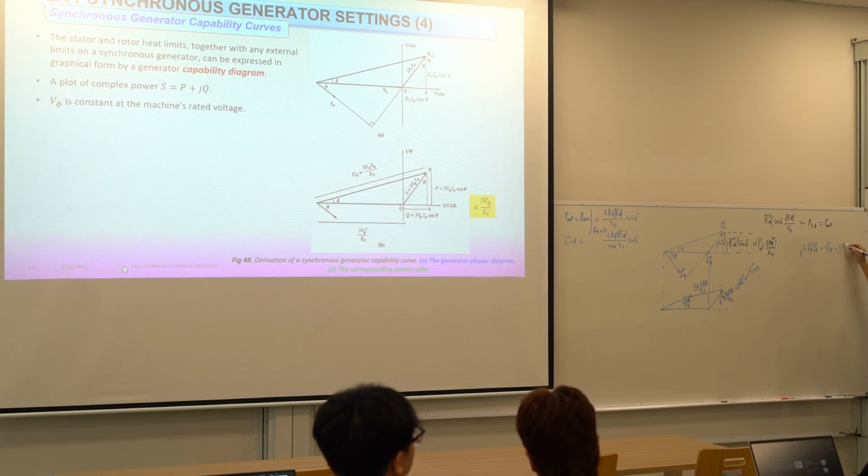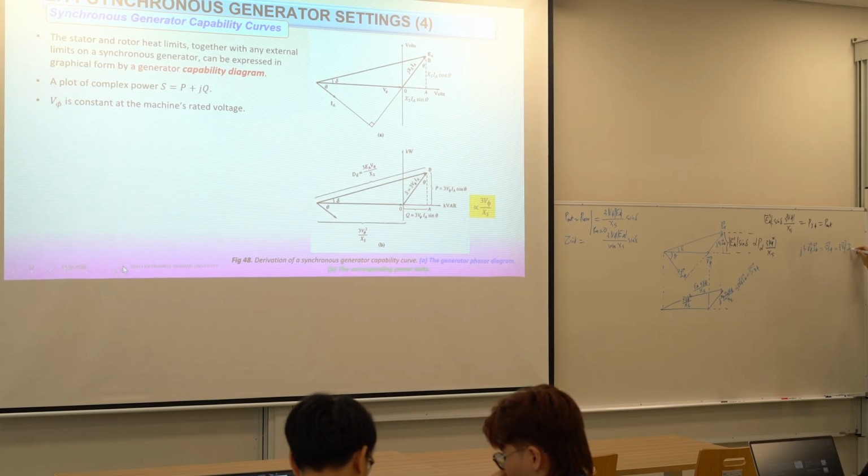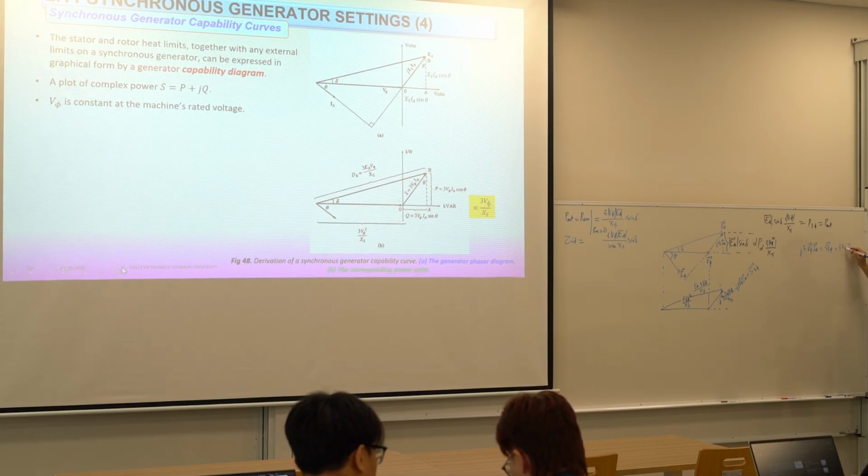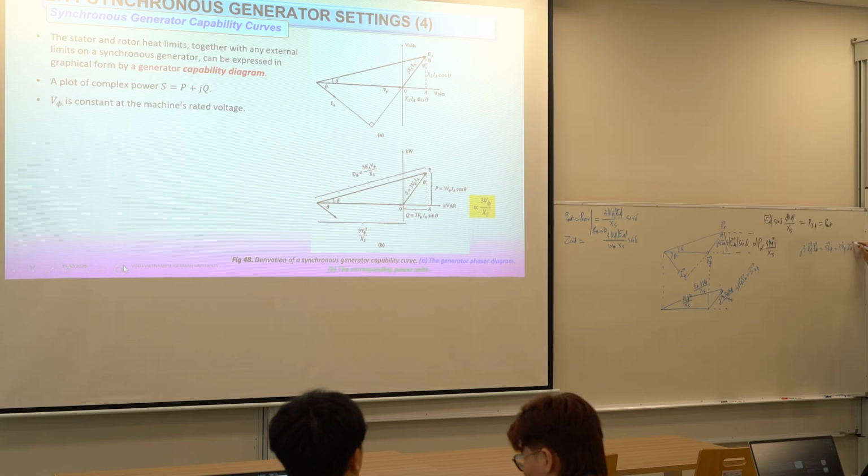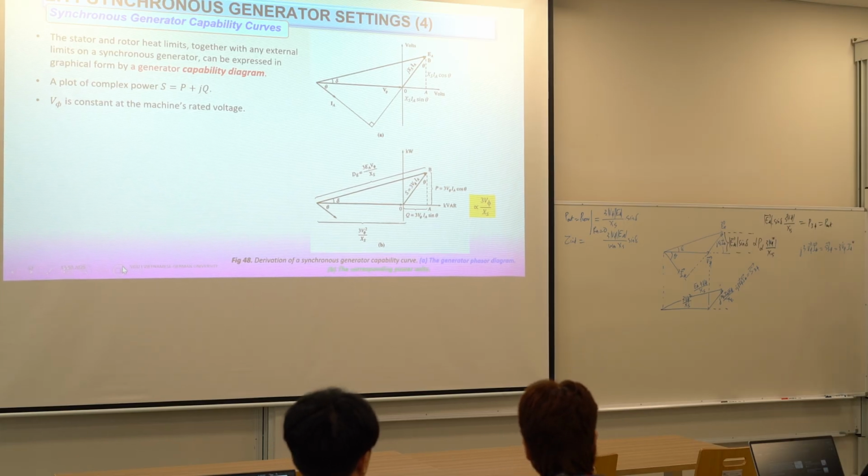I get 3V phase I star, so this one becomes the conjugate, ignoring j. Do you agree with me?